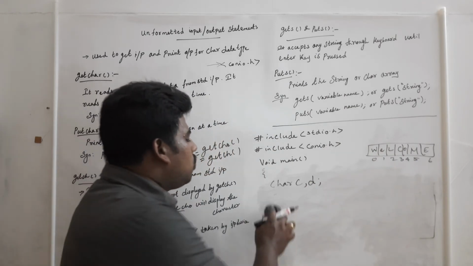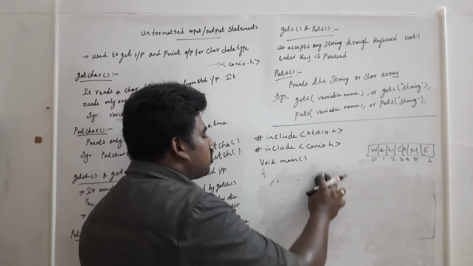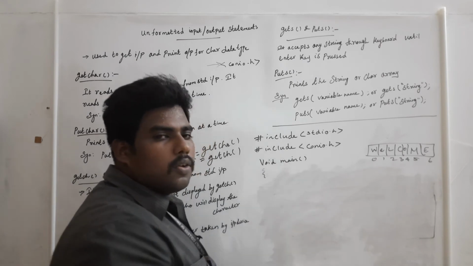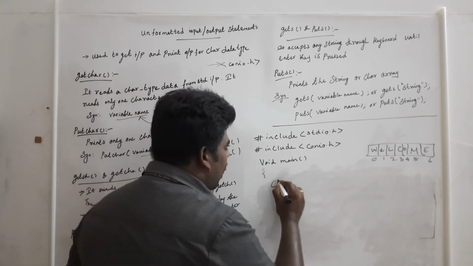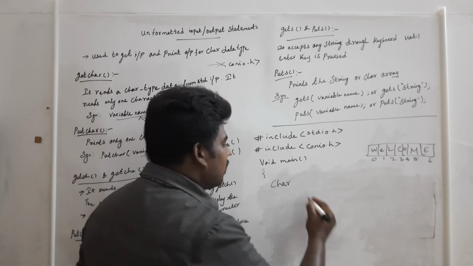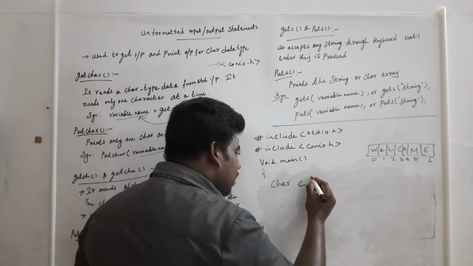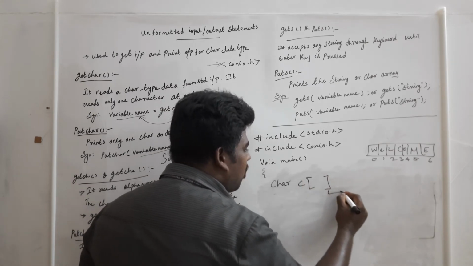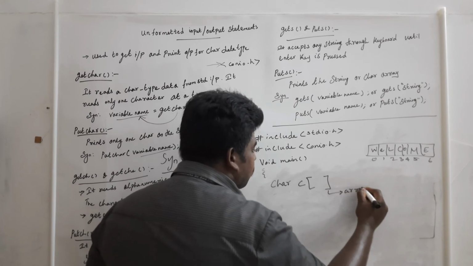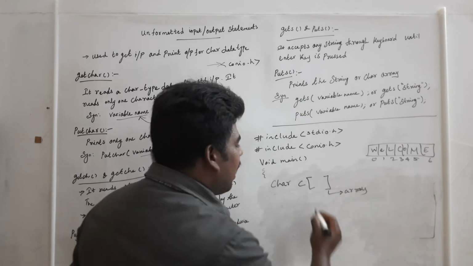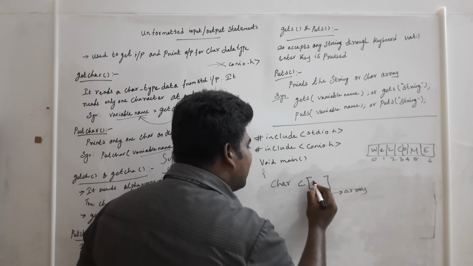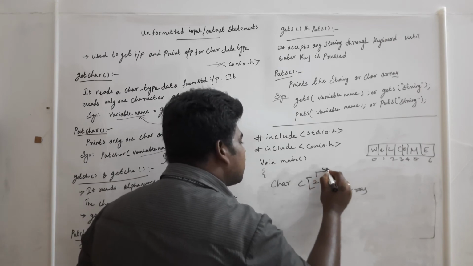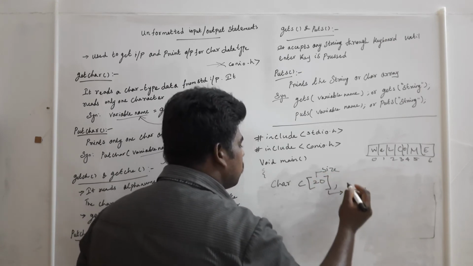So if you want to declare a string, there should be a little difference while declaration. Listen, first you have to use the character data type, then the variable name, then this array symbol, the collection, and here you have to give the size. This is the size.